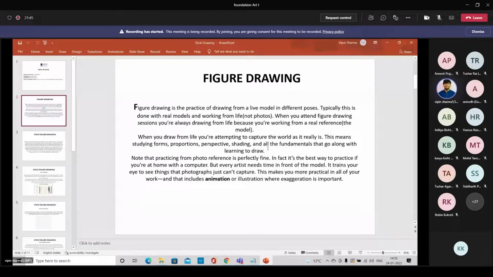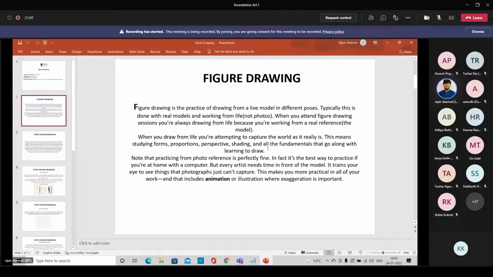So in future, when we work with Maya or work as a character modeler or designer, we have to take a two-dimensional drawing which artists provide us and convert it into a 3D model. So we need to observe the two-dimensional drawing and convert it into a three-dimensional model. That's the basic process.